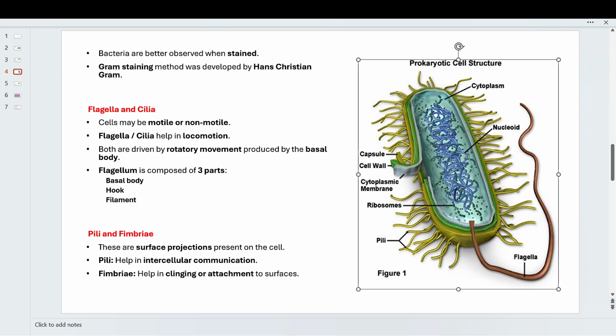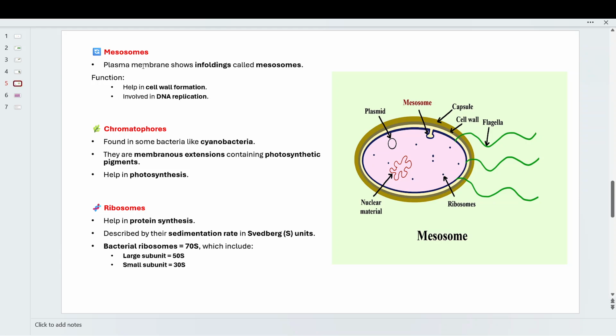Let's move to the next structure, that is mesosomes. In this image, we can see the plasma membrane infolded inward. This tube-like structure is called mesosomes.